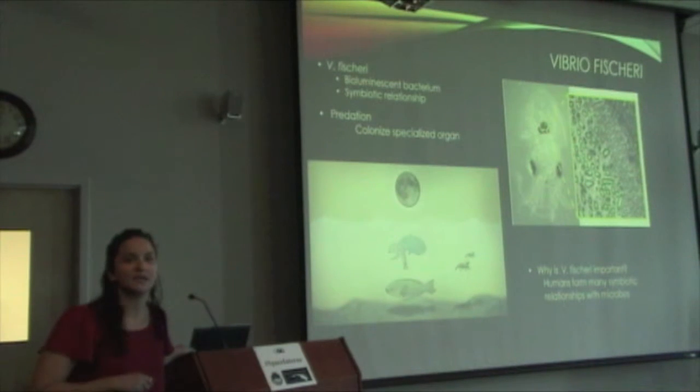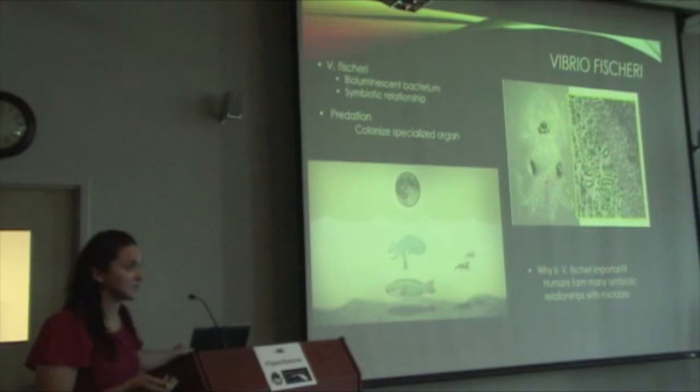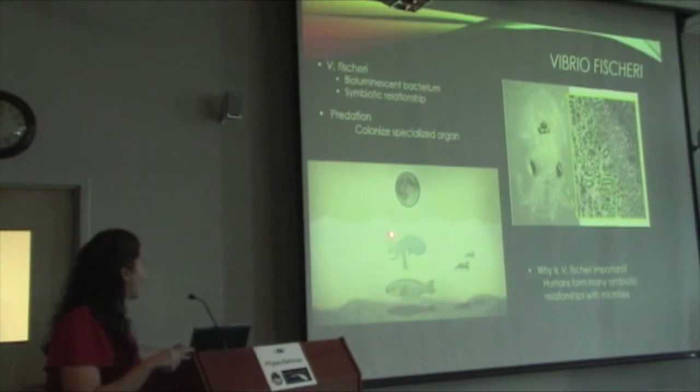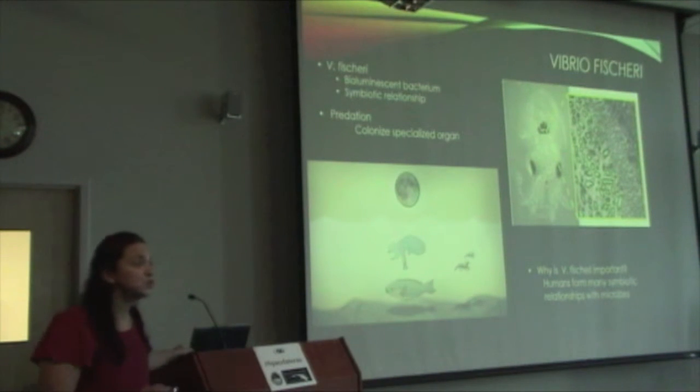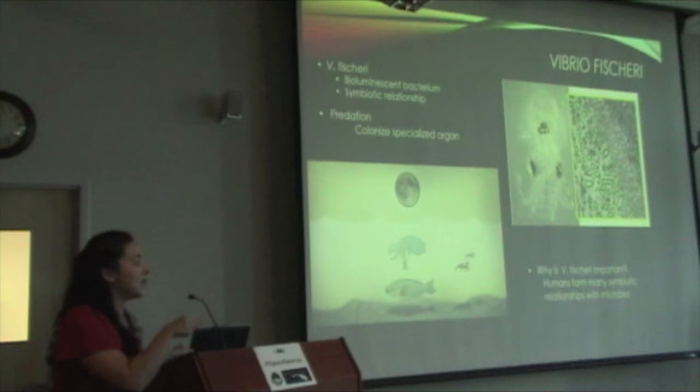So they go past it, and it's great. I don't even think the Hawaiian bobtail squid has a predator. It's a great symbiotic relationship. It's a mutualistic symbiotic relationship, which means that they both benefit. So Vibrio fischeri has a great place to colonize and just grow and be happy.